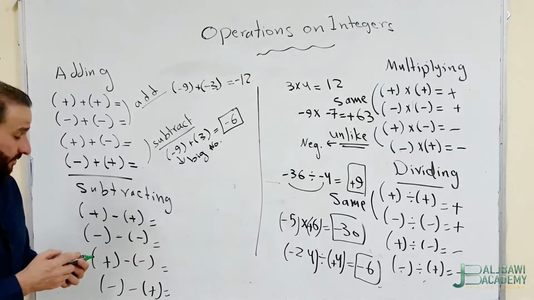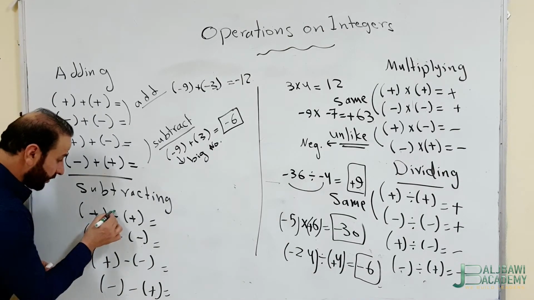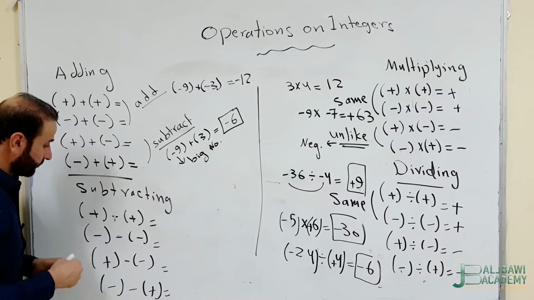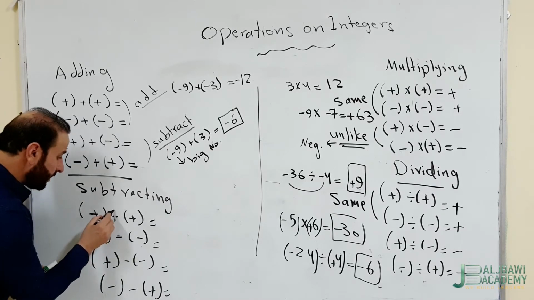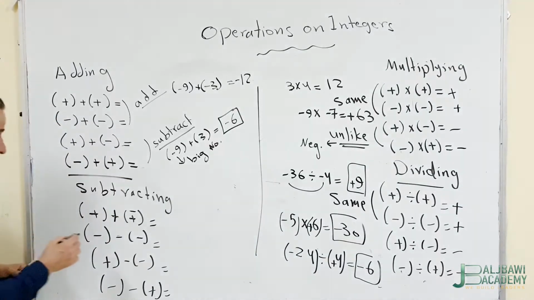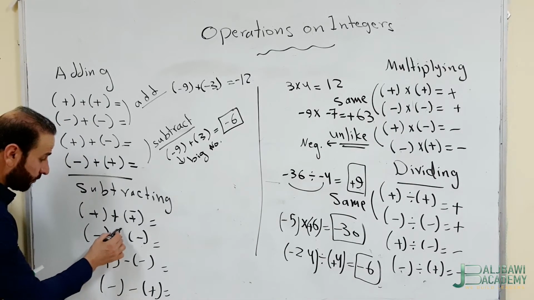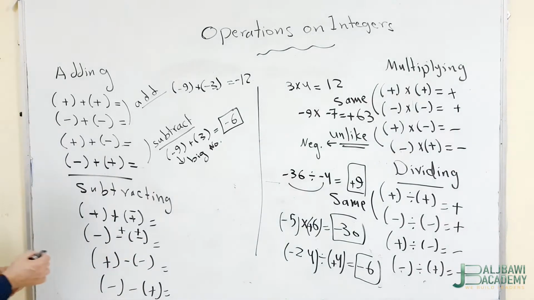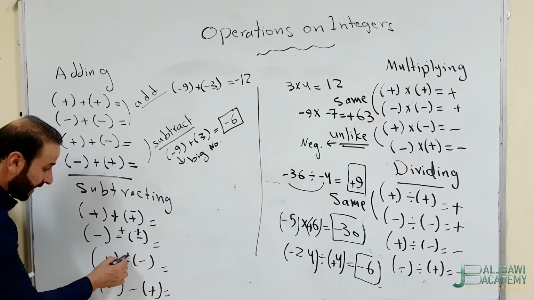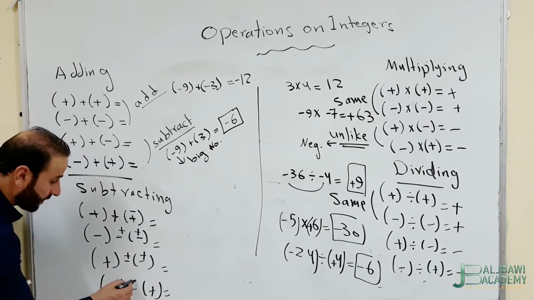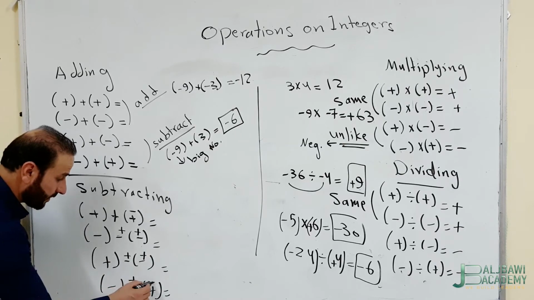We change subtraction to addition and we change the sign of the second number. Here it is subtraction, we change it to addition and we make this positive. Here subtraction, we make it addition and we make this positive. Here we make it adding and we make this negative.